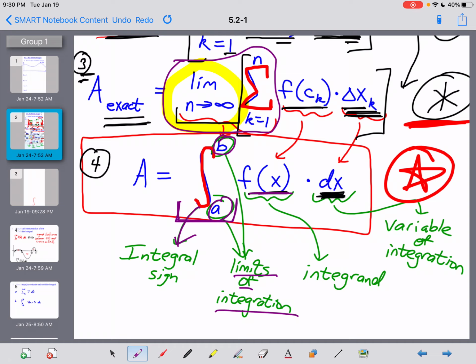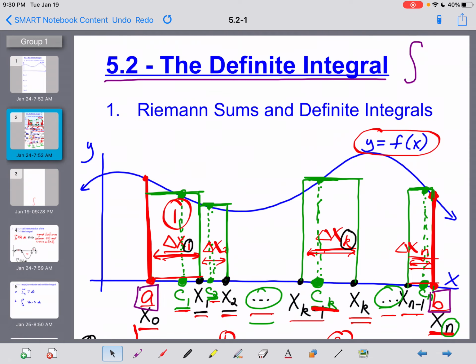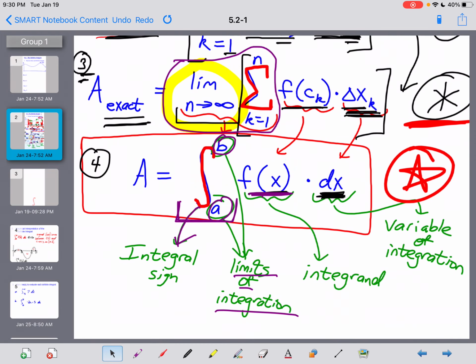This quantity right here, the function, and again, let's go all the way back to the original graph, y equals f of x, that was the curve itself. So that f of x right there, the function we are evaluating to get the heights of our rectangle, is called the integrand. That's a word we need to know well.